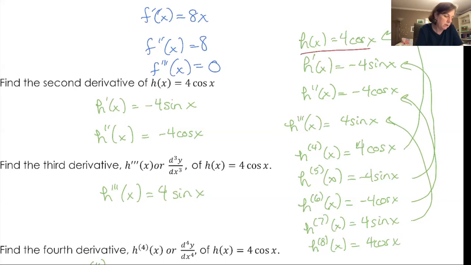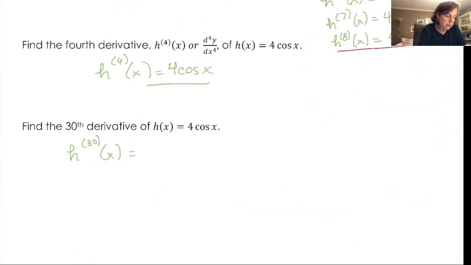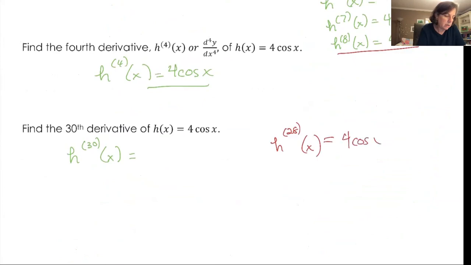The original function, the fourth derivative, the eighth derivative are all 4 cosine x. So if I look at a multiple of 4 close to h sub 30, well, let's see, 28 is a multiple of 4. That would be equal to the 4 cosine x.